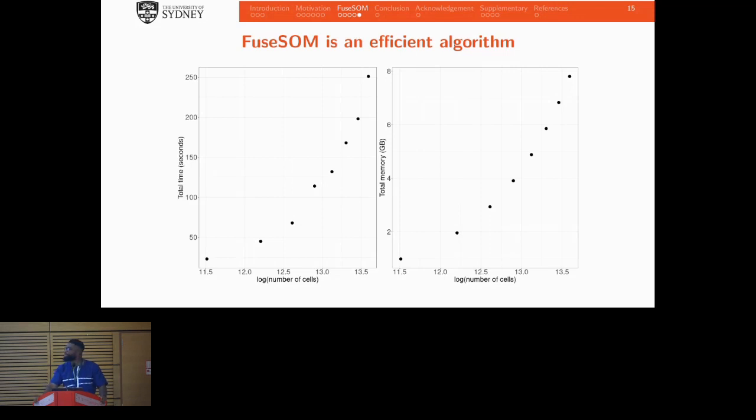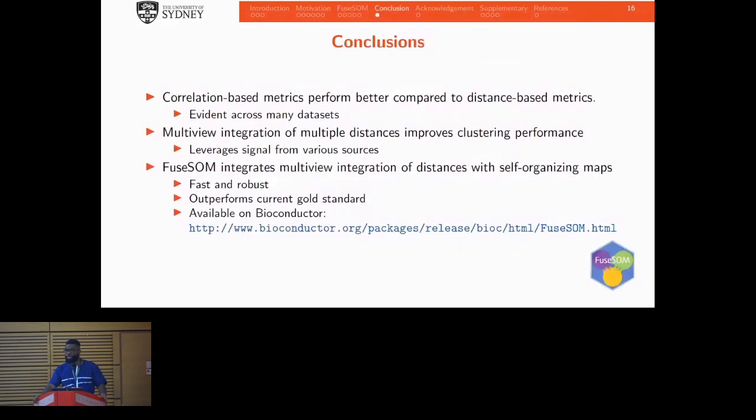So to conclude, we've shown that correlation-based methods do outperform Euclidean-based ones when clustering this kind of data. I have packaged this into a tool that's easily accessible and is available on GitHub. It's fast and it's robust, and it outperforms the current gold standard, I would say. So please feel free to try it and let me know if you have any thoughts about it.